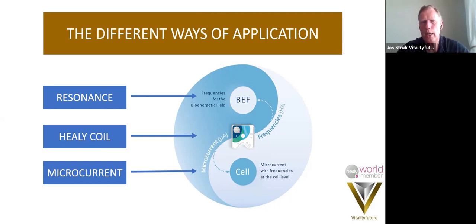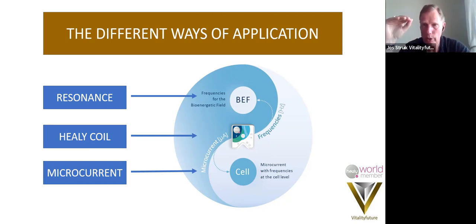Now, I always say that when working with the microcurrent, we work bottom up. We start at the physical level, we support the cells, and when the cells become better in energy production, our whole body gets more energy, and that is the energy we use to live and be healthy. On the other hand, with Healy resonance, we touch what we think and what we feel.